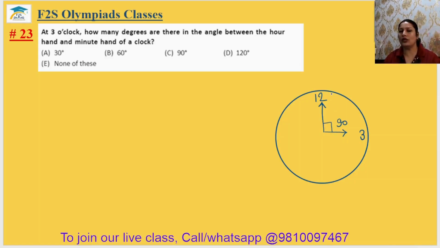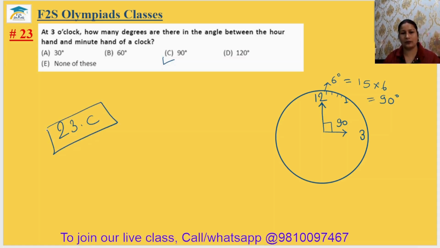Or we know the angle between 2 consecutive small dots is 6 degrees. So there are 15 dots, and for 15 dots it will be 15 multiplied by 6. It is 90 degrees, so we can say it is a right angle. 23rd answer will be option C.